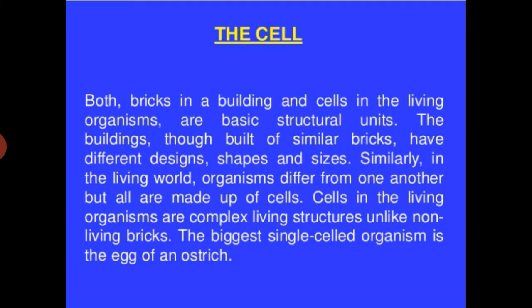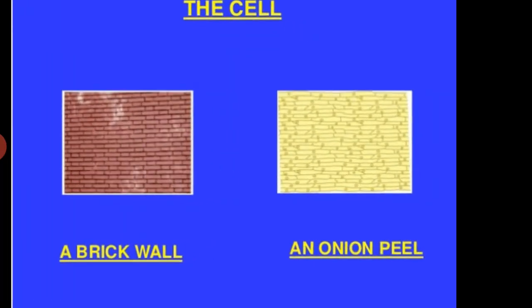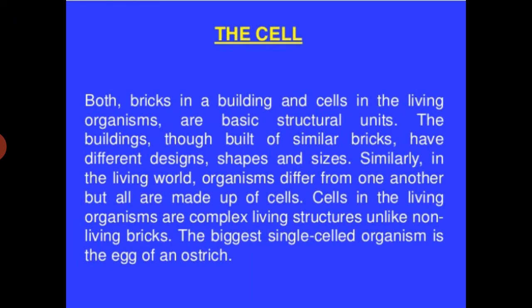Next is cells in the living organism. It's an onion peel. See, it's a brick-like structure. It's all cells. All the cells are arranged like the structure of a wall. Every cell is arranged like a brick, and the cells make a whole structure like a wall.